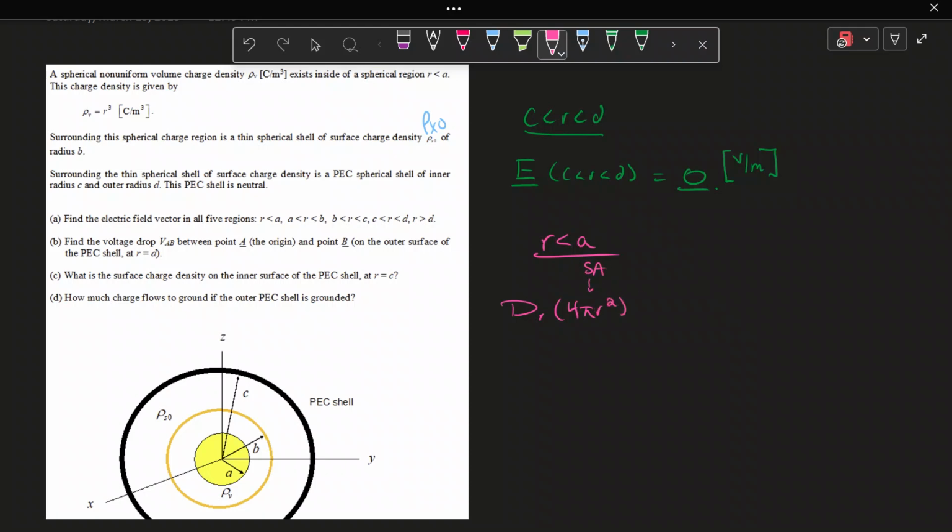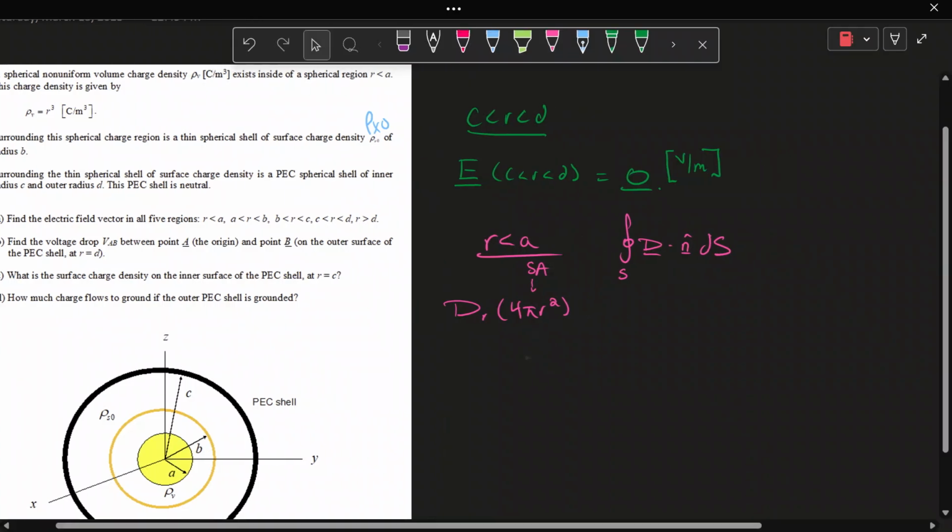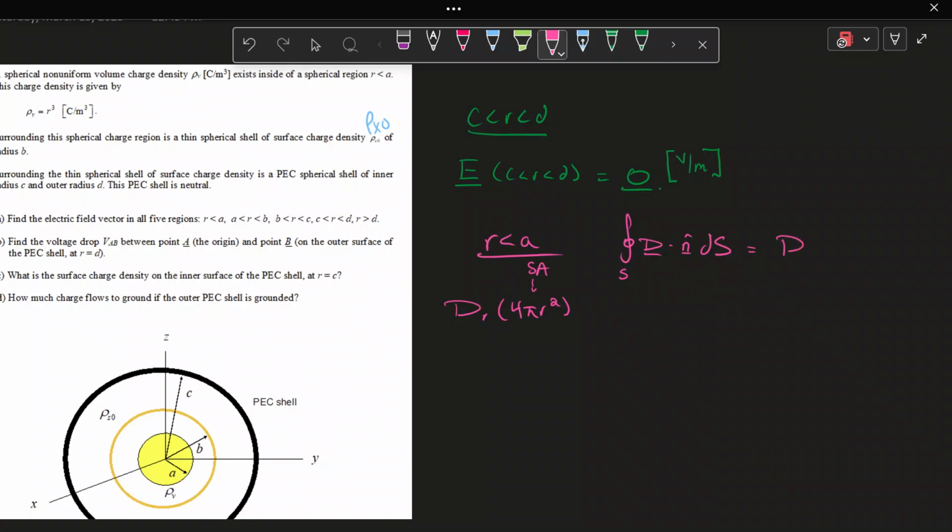Where do we get this equation from? From the closed surface integral of the flux density vector dotted with its normal vector with respect to dS, surface area. So for a spherical shell, this is Dr 4 pi r squared.